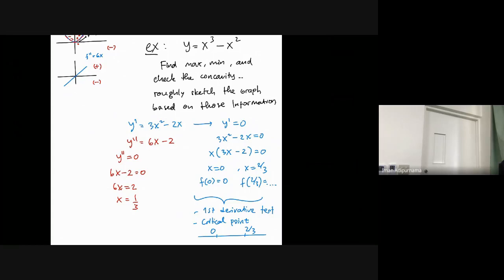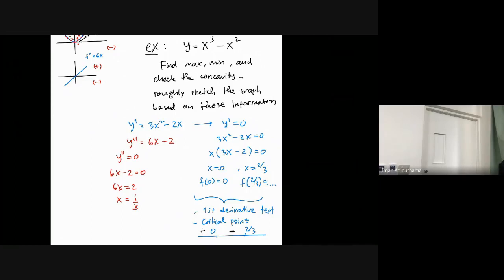Between 0 and 2/3, maybe 1/3, it's negative.